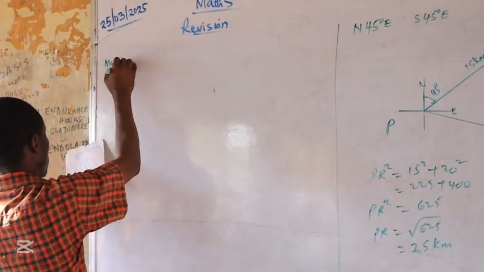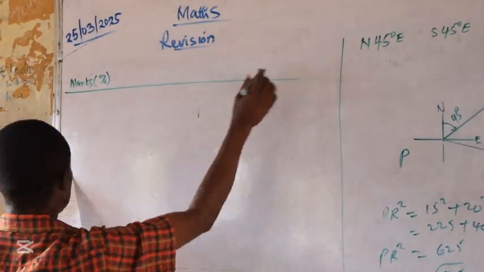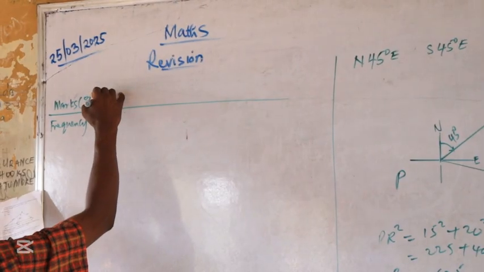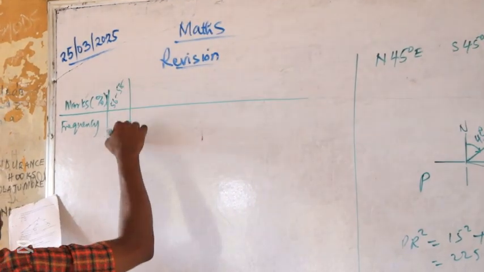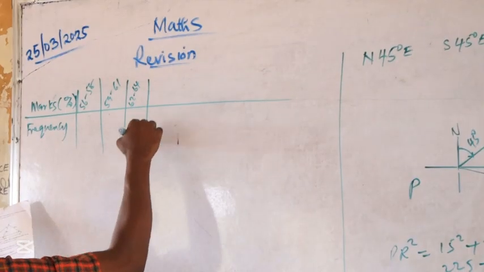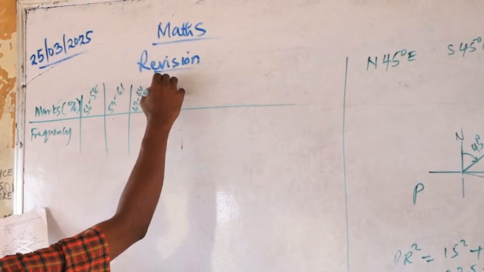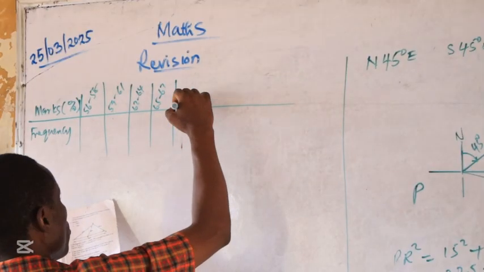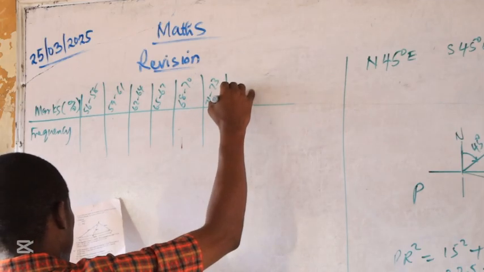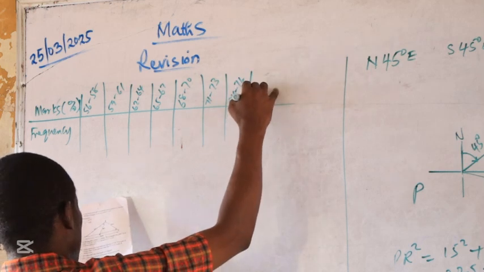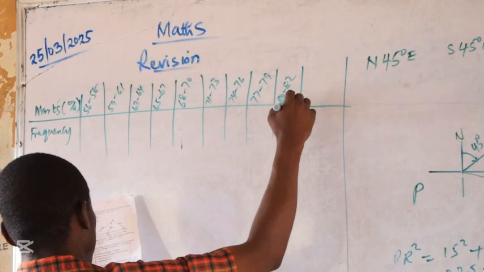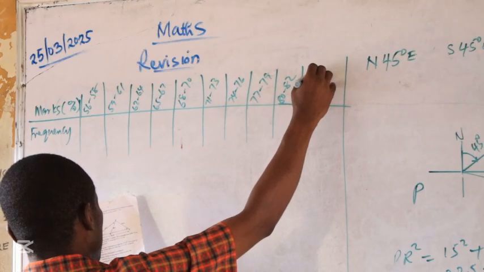Marks in percentage, frequency. We have 56 to 58, 59 to 61, 62 to 64, 65 to 67, 68 to 70, 71 to 73, 74 to 76, 77 to 79, 80 to 82, 83 to 85.